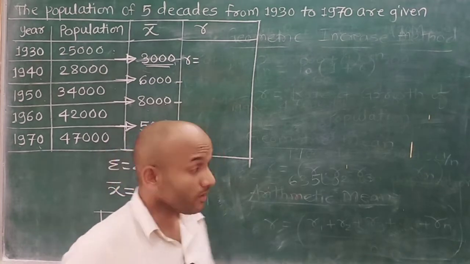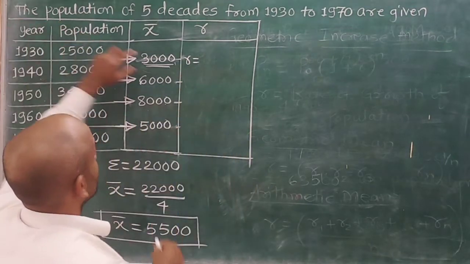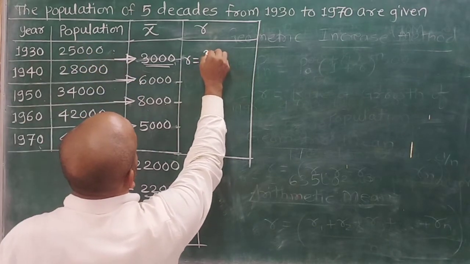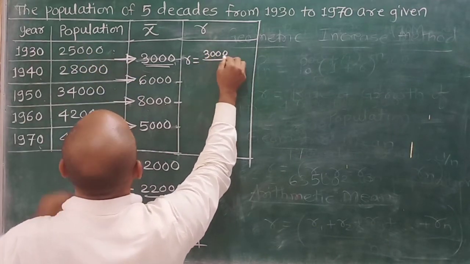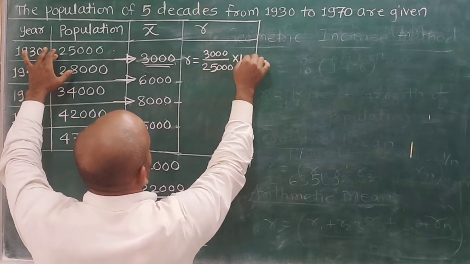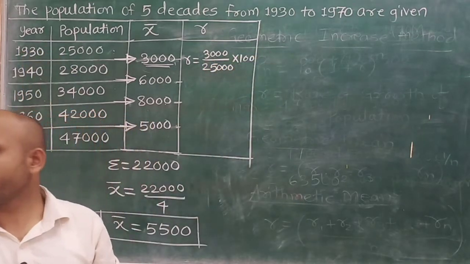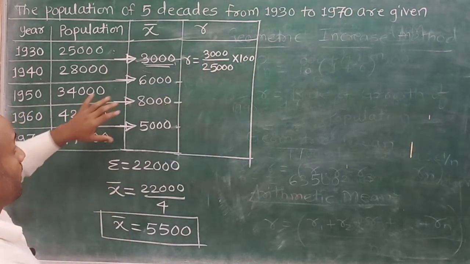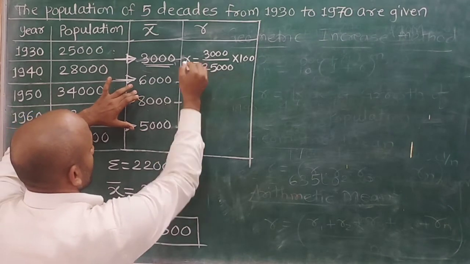So we have to find out the value of R. How much? 3000 upon 25,000 into 100. Now suppose it is R1.